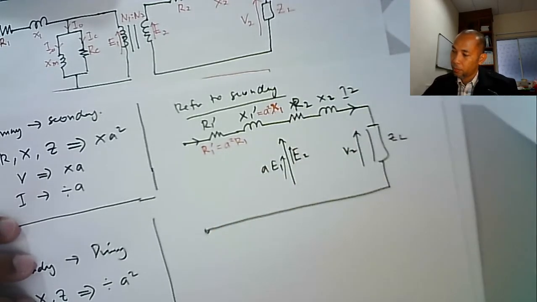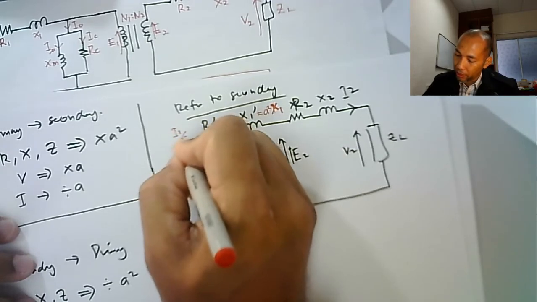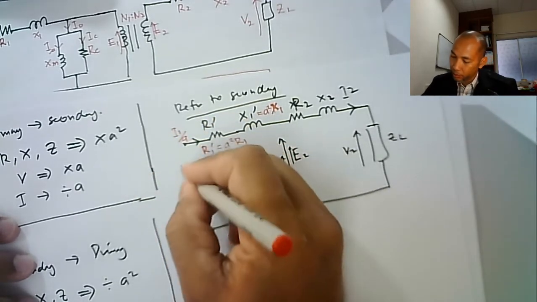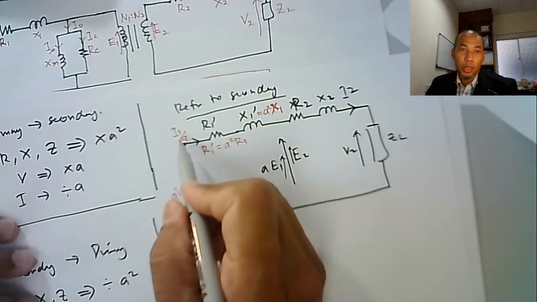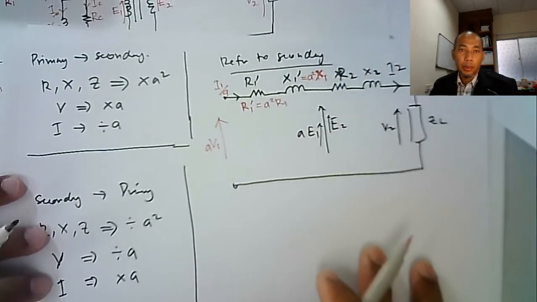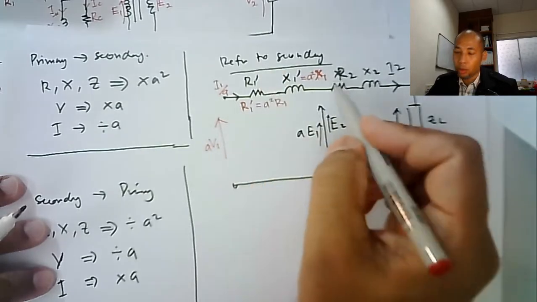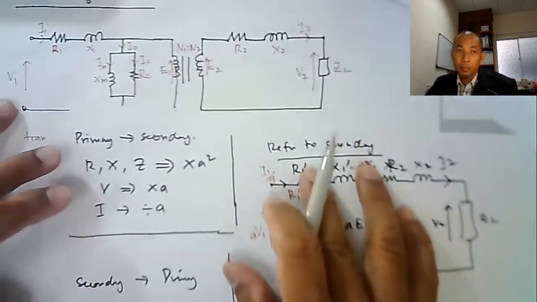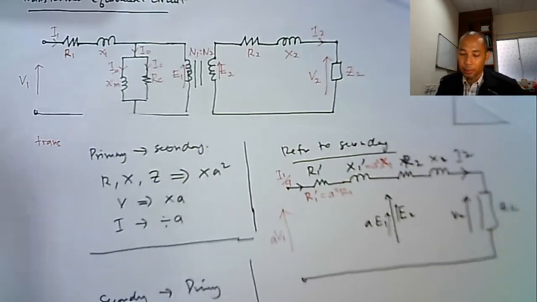I1 becomes I1 over A, and V1 becomes A V1. Because we transfer the primary current to secondary, all the parameters in primary we have to transfer to secondary.